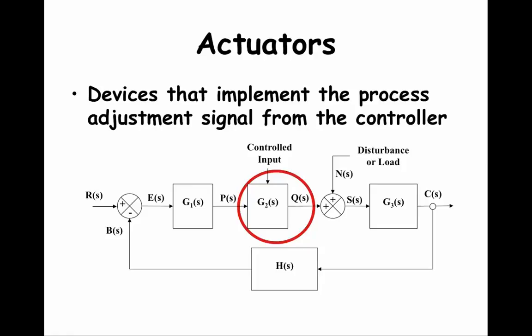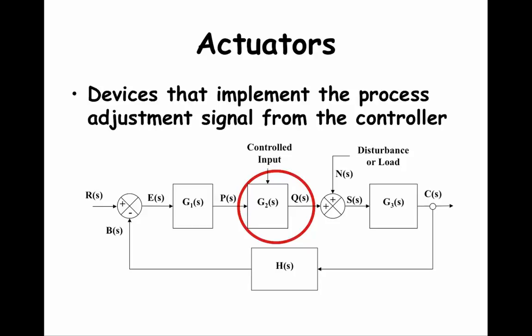The output of the actuator is labeled as QS. QS describes the amounts of the controlled input that is actually entering the process element, G3. This means that we will think of PS as a control signal which provides information to the actuator, but no material.